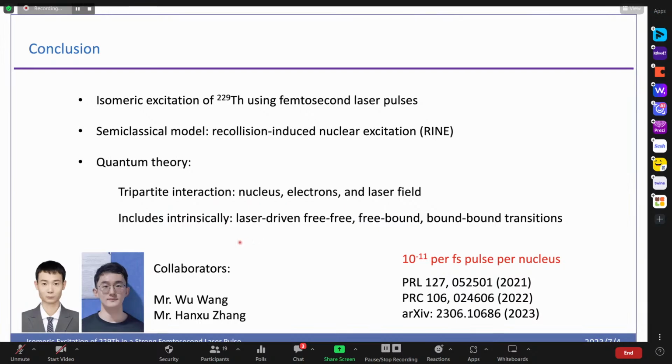The quantum theory includes intrinsically laser-driven free and bound electronic transitions, and the recollision model only includes the free electronic transitions. So the take-home message we want to deliver is that the probability of nuclear excitation is roughly 10^-11 per femtosecond pulse per nucleus.